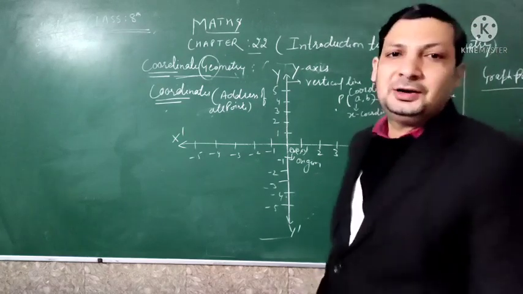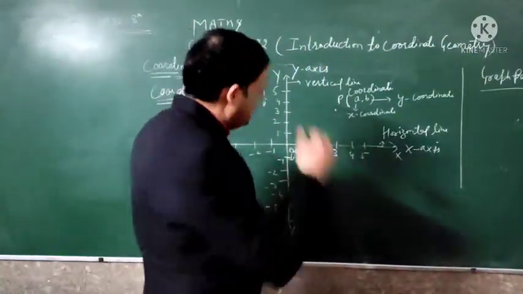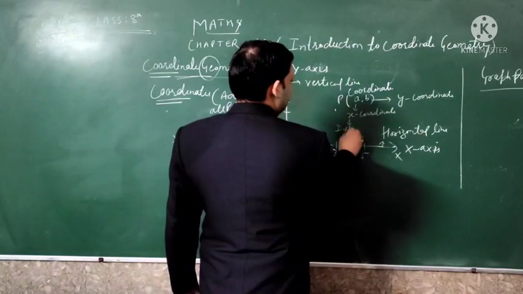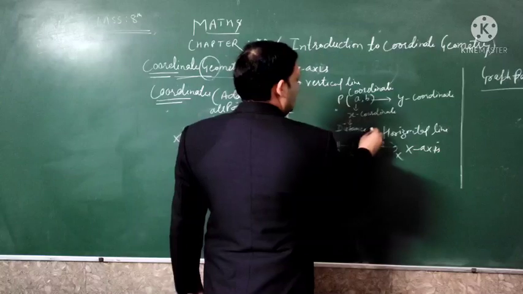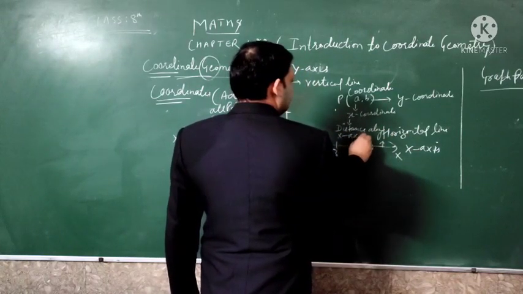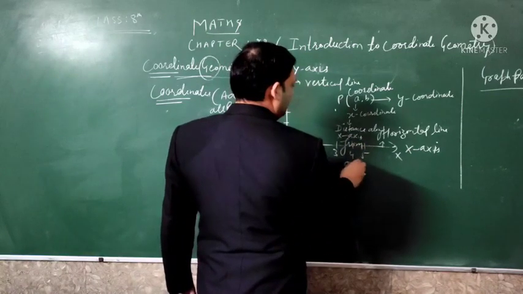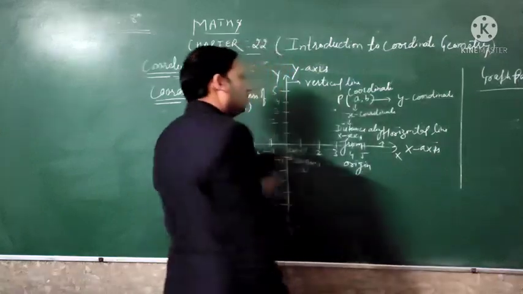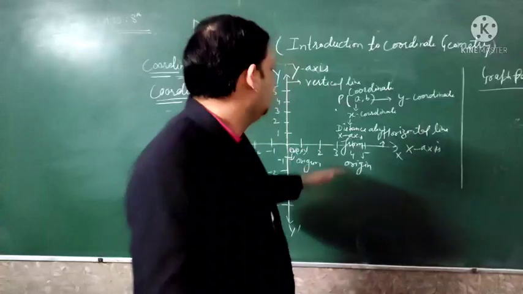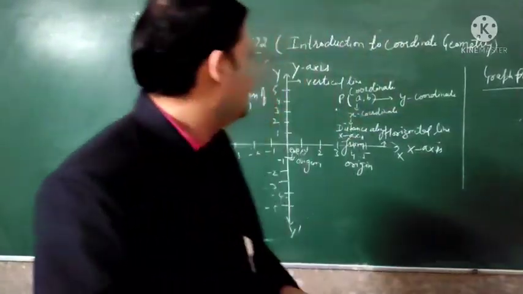And what is x coordinate? x coordinate is the distance along x-axis from origin. This is called x coordinate, or in other words we can say that the line parallel to x-axis, that is called x coordinate.